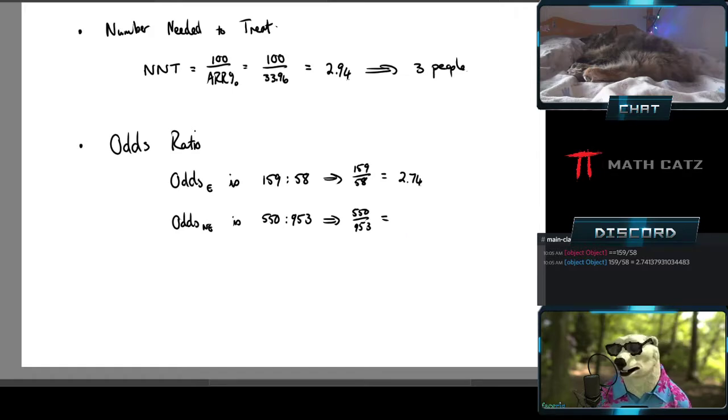And 550 divided by 953 is 0.57, 0.58, I'll say.